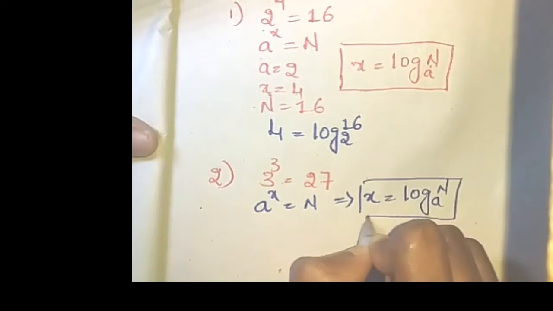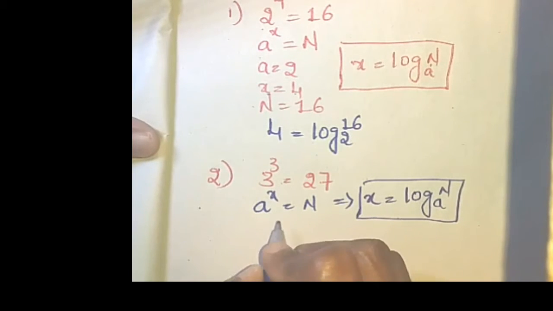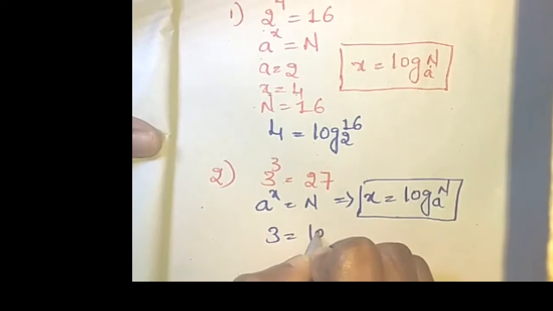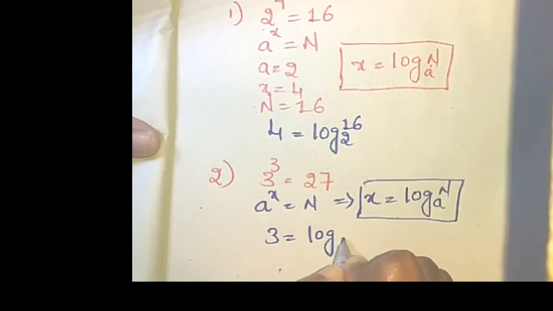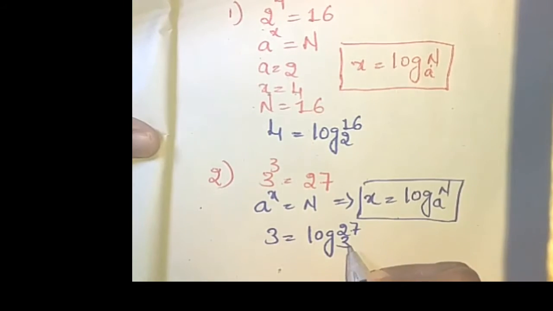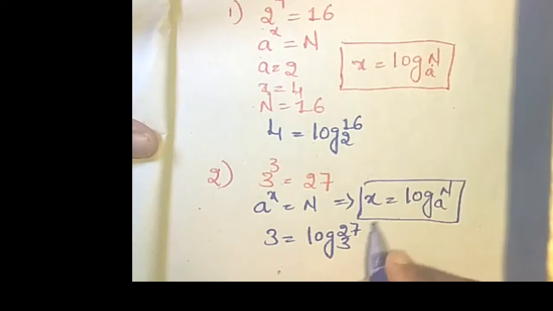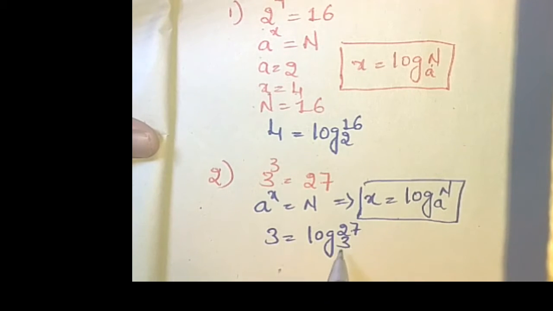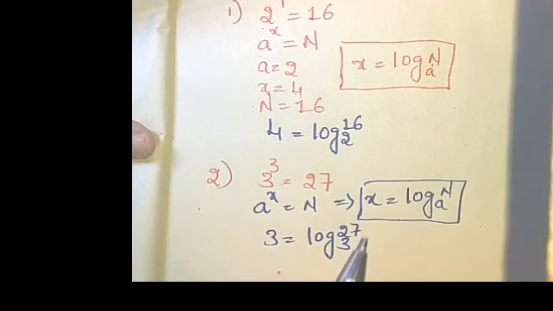So now what is x value? 3 is equal to log, a value is 3 and n value is 27. So this is log 27 base 3 is equal to 3.